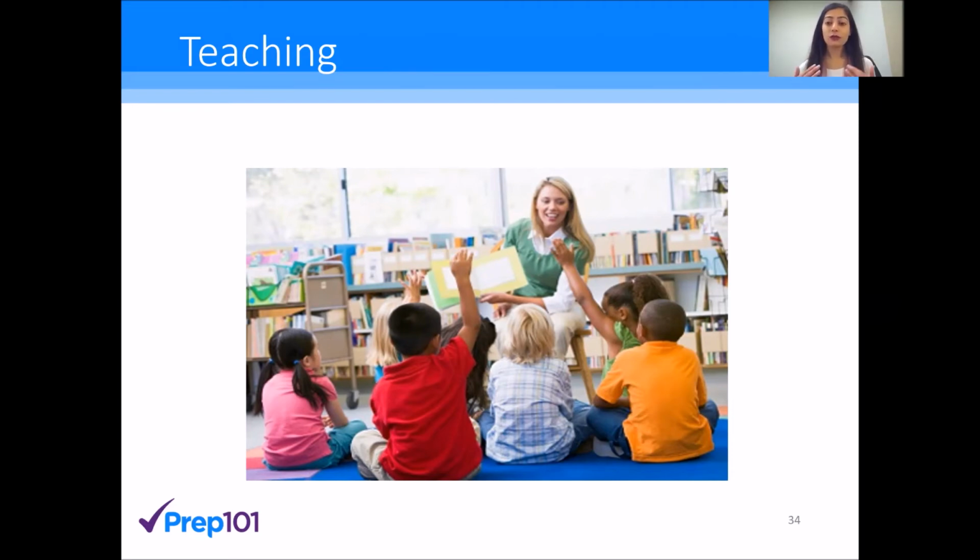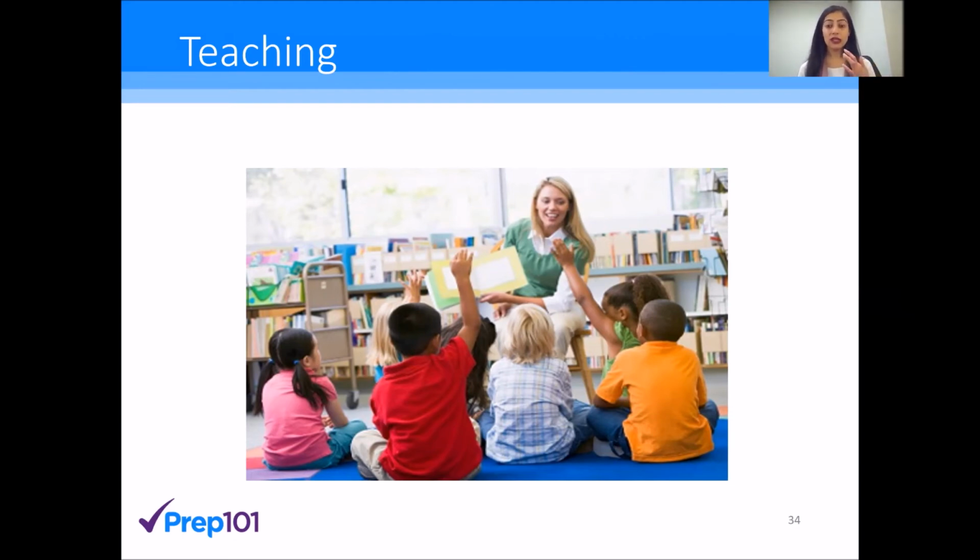You may not be directly teaching, you know, residents or interns or fourth-year med students who are going through rotations, but you are always teaching your patients and their families about efficient healthcare, about how to manage their condition, how to live with their symptoms. And having to explain that is teaching in its essence. So you don't have to become a professor once you're done medical school, or you don't have to teach medicine, but you will always be educating at the least your patients and their loved ones.